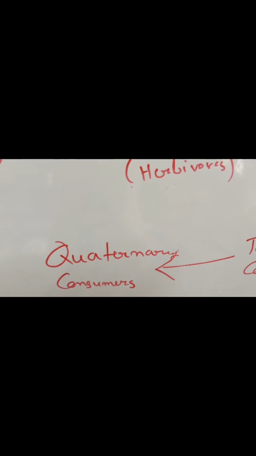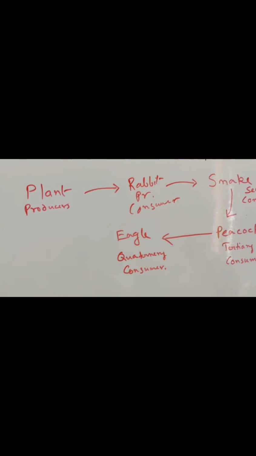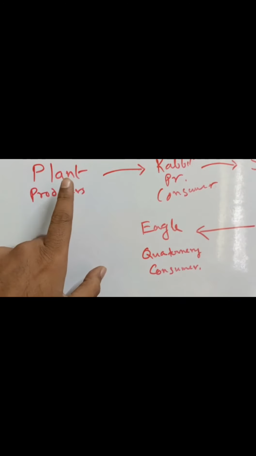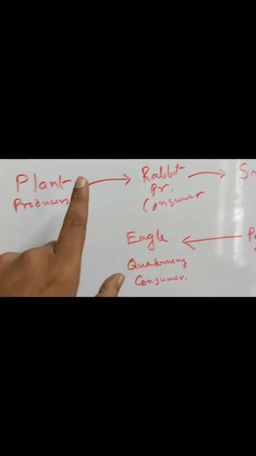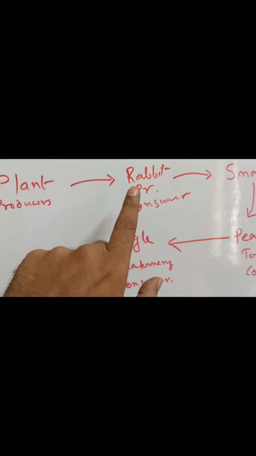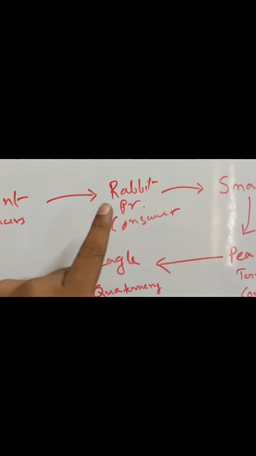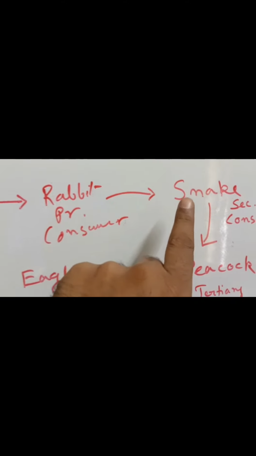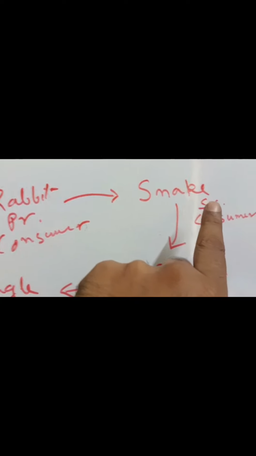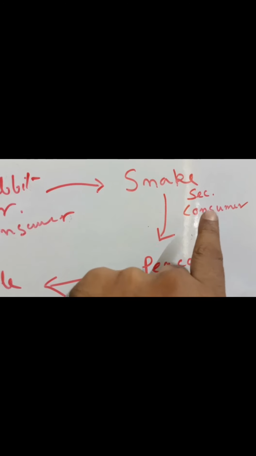I will explain this a little later. For example, plants are eaten by rabbit. So rabbit is a primary consumer over here. Rabbit in turn is eaten by a snake, that is a secondary consumer.